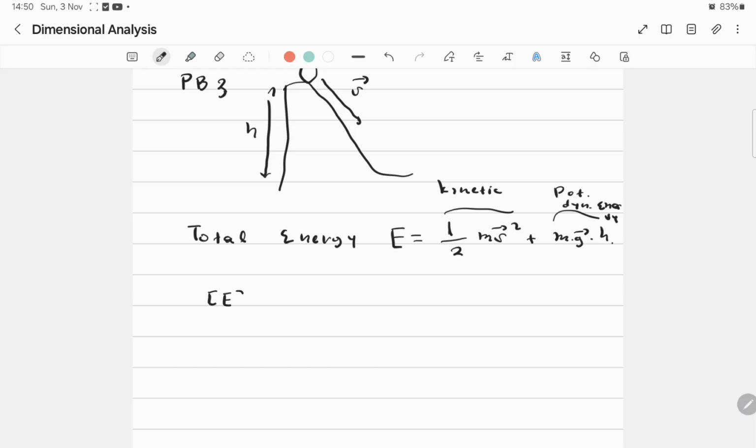Let's carry out dimensional analysis. We have a half bracket m v squared plus m g h.